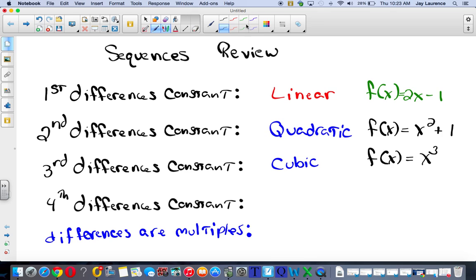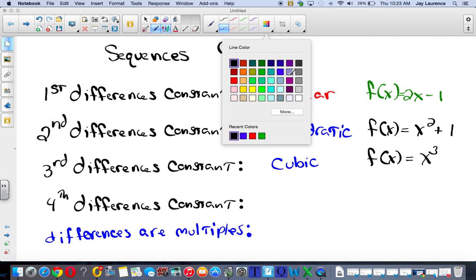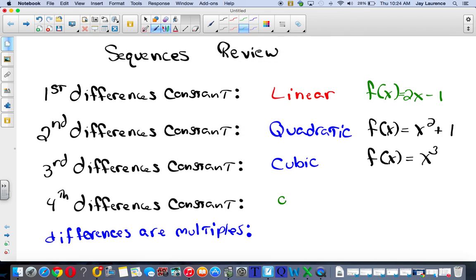All right, finally, when the fourth differences are the same, you don't see as many of those, but when the fourth differences are the same, that would be quartic, right?